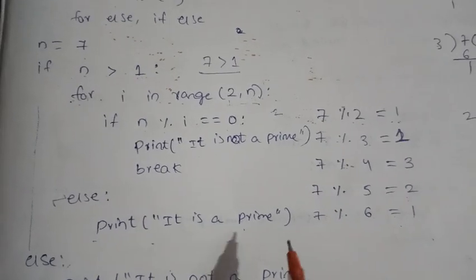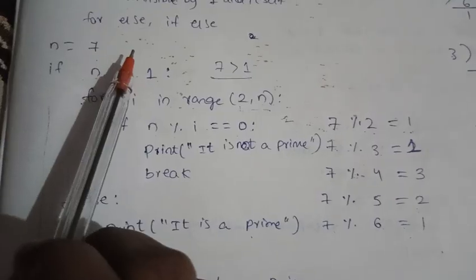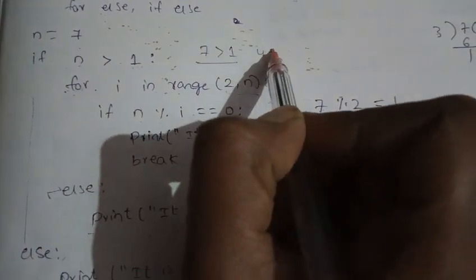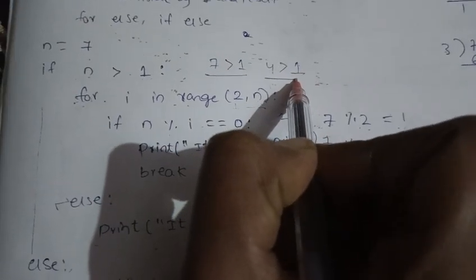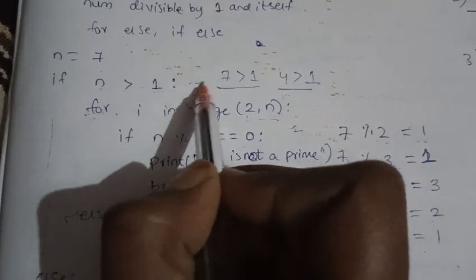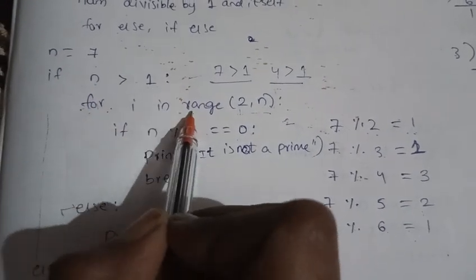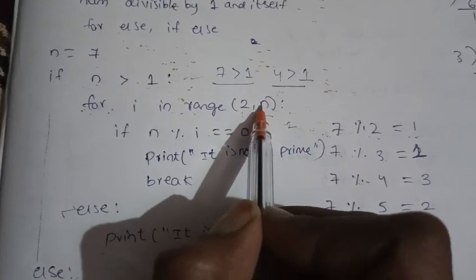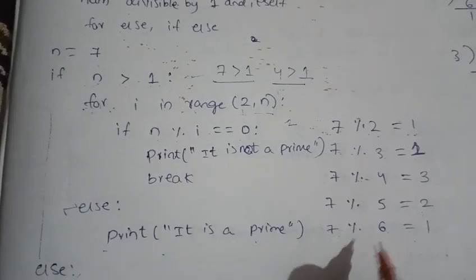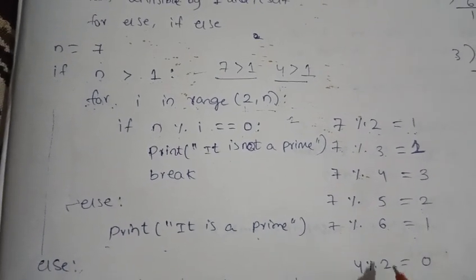For example, if we take a number as 4, 4 is greater than 1, so this condition is satisfying and it goes to the next line. For i in range of 2 comma n, where n is 4. 4 is divisible by 2, then we get the remainder as 0.